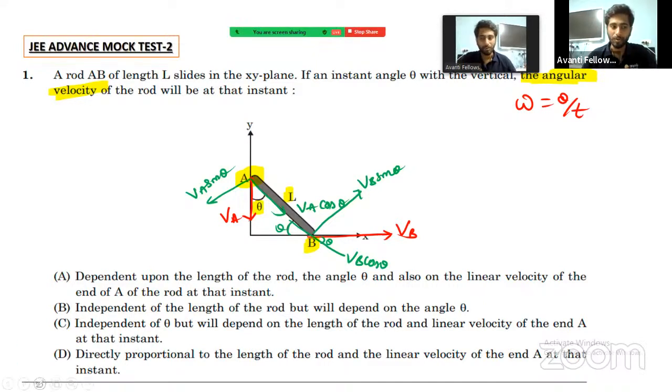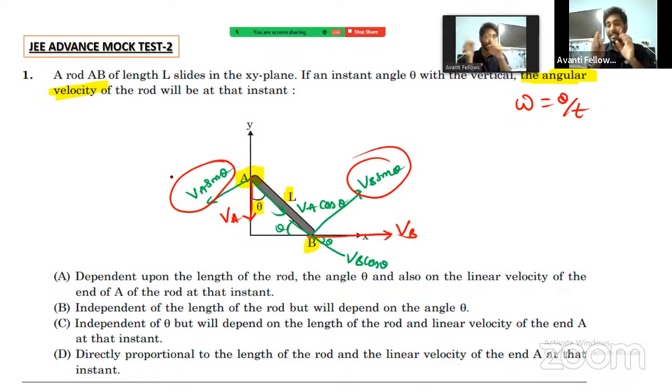Clear now? Now look carefully. The VB sin theta and VA sin theta components at these two points are the same, and these components are in opposite direction, anti-parallel.